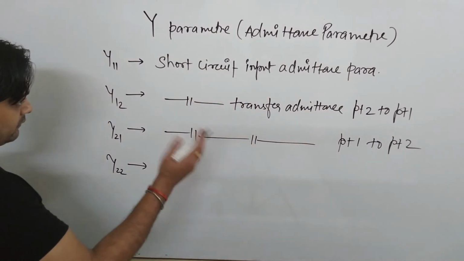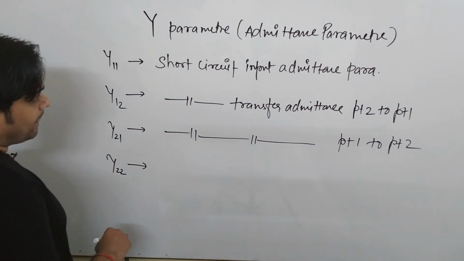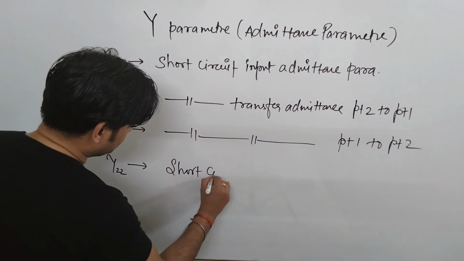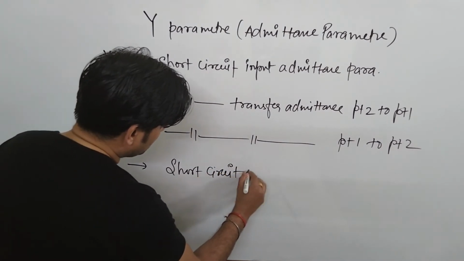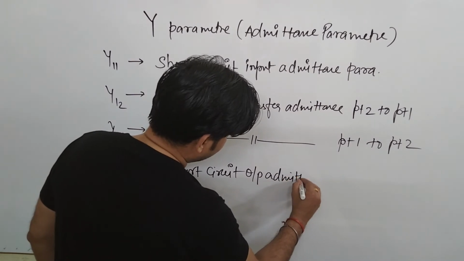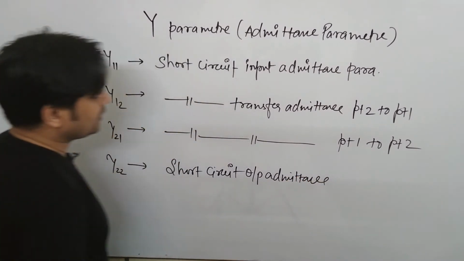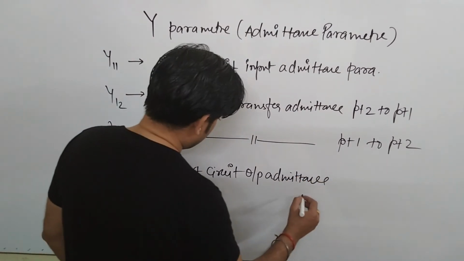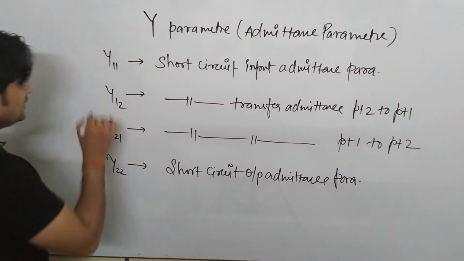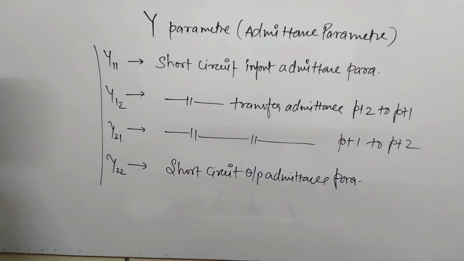Why? Because we are now talking about admittance. And Y22 is known as the short circuit output admittance parameter. So these names are very important, just keep them in mind.